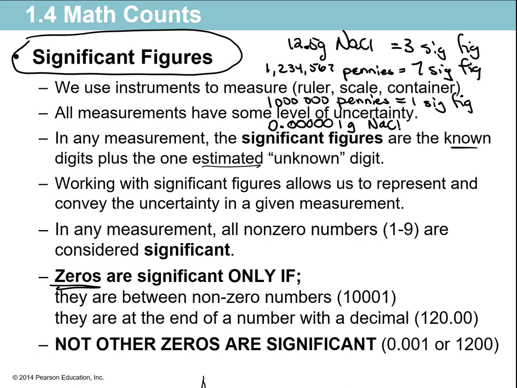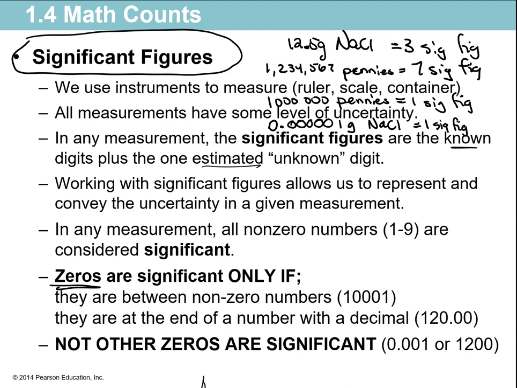They are not significant. Zeros at the end with no decimal place are not significant. So this one, 0.000001 grams of salt, that'd be very, very small. That would also only be 1 significant figure. But if it was like 0.000015, then it would be 2.